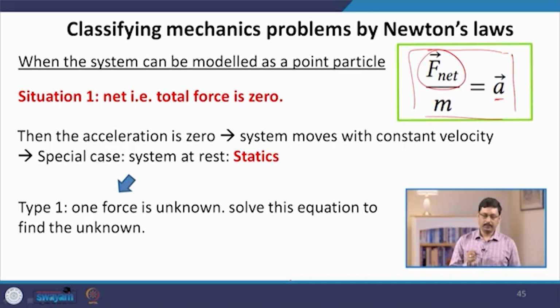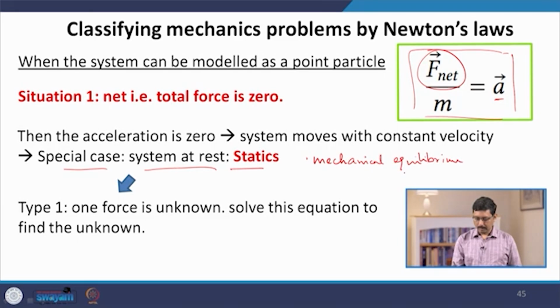Now, a particular special case of interest is when the system is not moving at all. This is the so-called statics example. In this case we say that the system is in mechanical equilibrium, and we are interested to know what the conditions of mechanical equilibrium are.